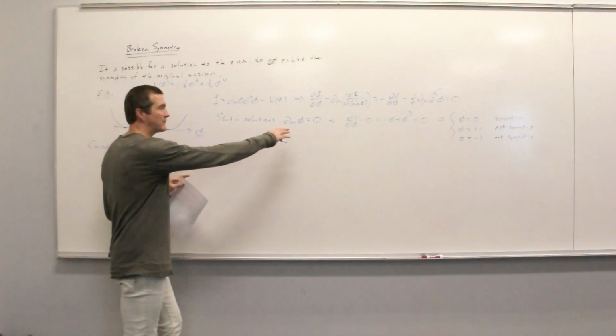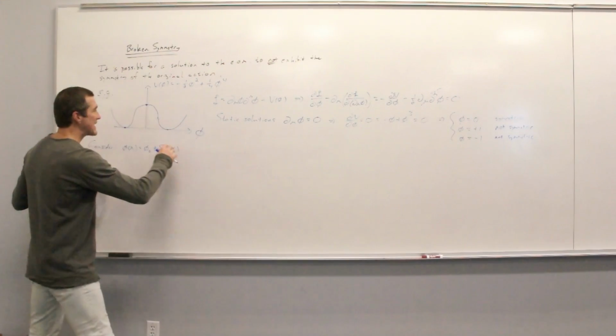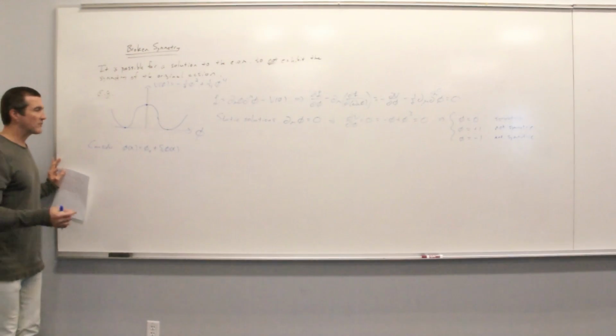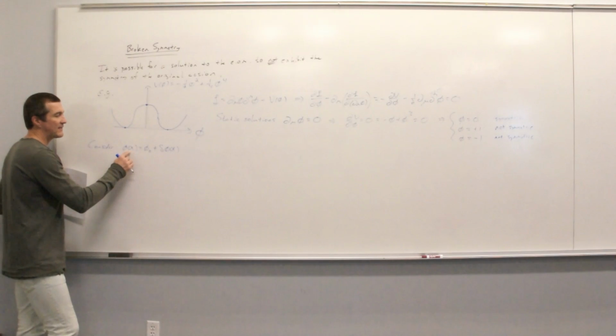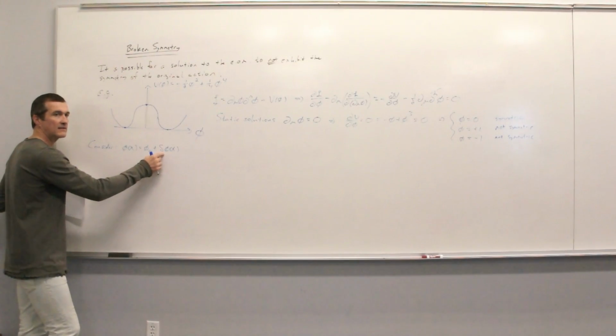We don't have to start with a static solution, but these are the most commonly used ones. So we get a static solution. There's 3 here. But then, if we're interested in particle behavior, we want to let the field fluctuate about the solution by a small amount, and these are going to represent particles.